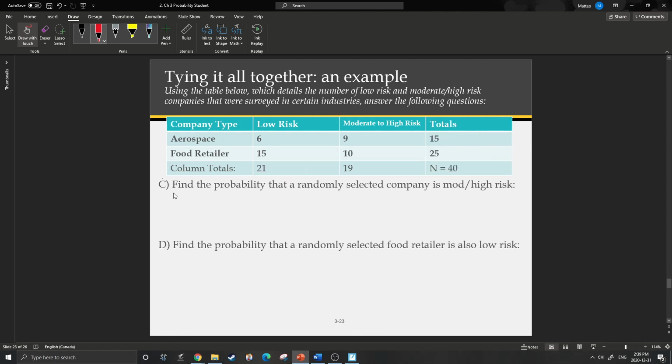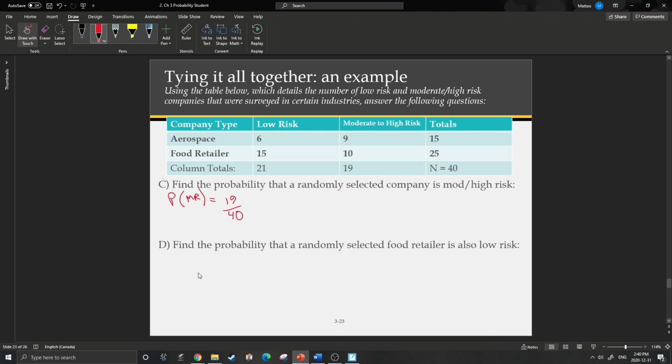Find the probability that a randomly selected company is medium or high risk. So the probability that it's a medium or high risk company is equal to, well, what do we got? We got a total of 19 out of the 40 companies. There you have it. It's just that easy. Part D, find the probability that a randomly selected food retailer is also low risk.